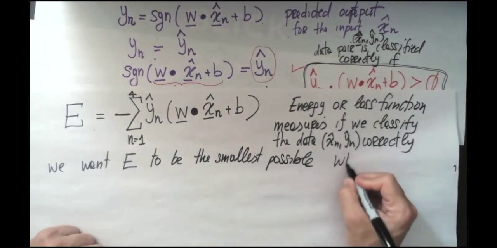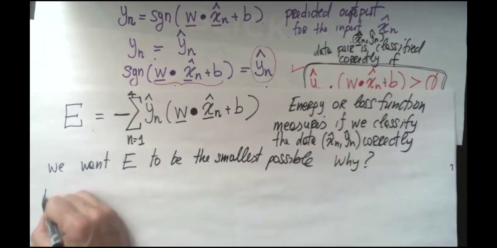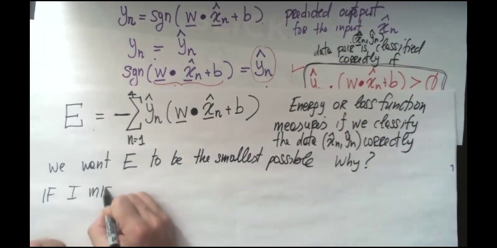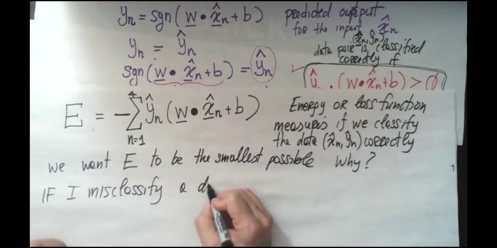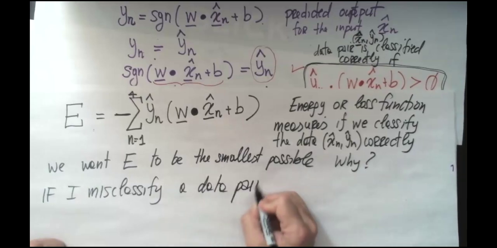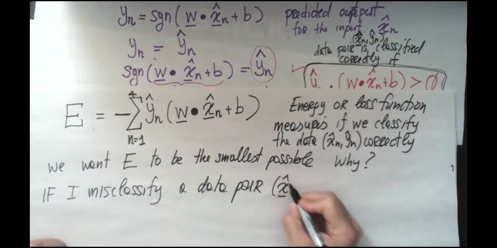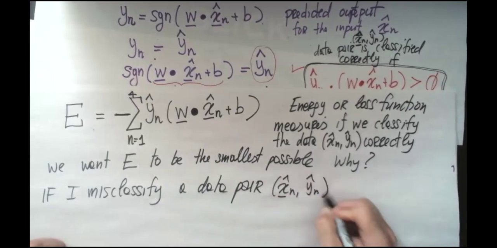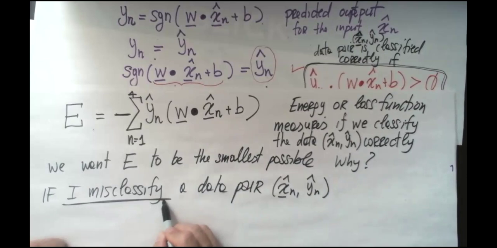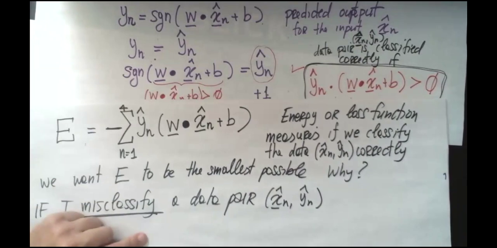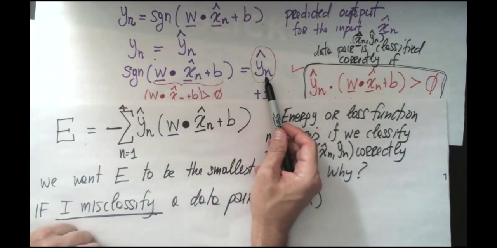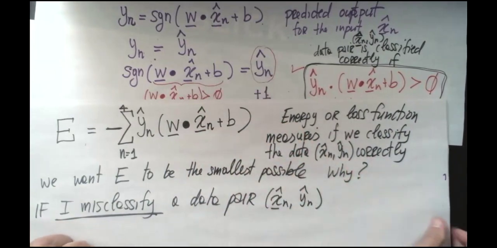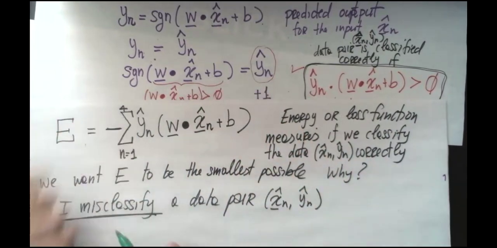Why? If I misclassify a data point, a data pair, imagine what it means when I misclassify the data pair. For what you saw before, it means that this product will be negative because I'm not going to match the data.